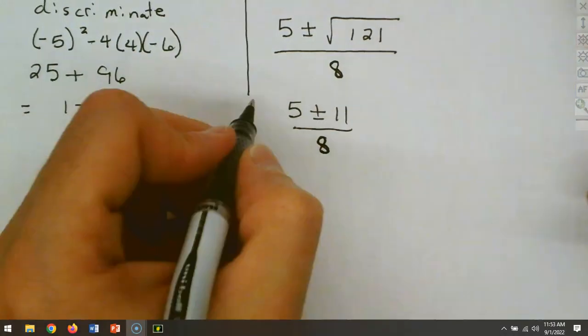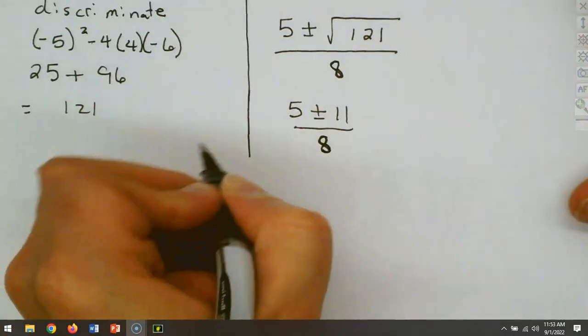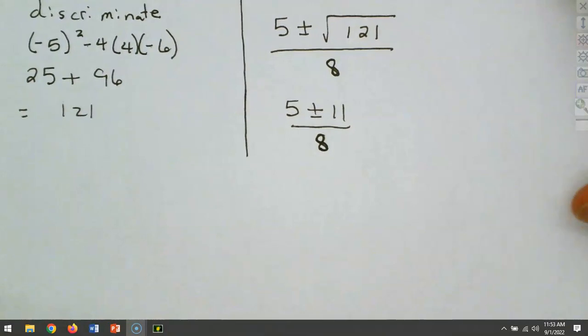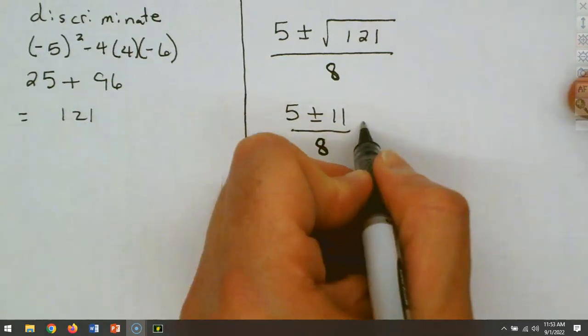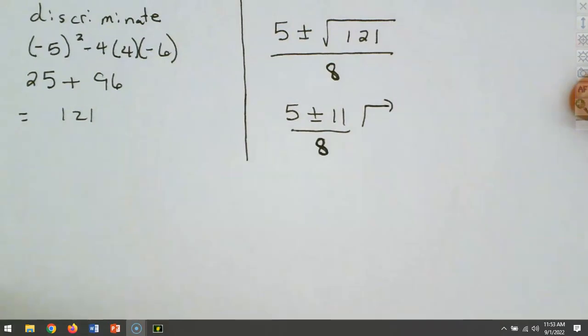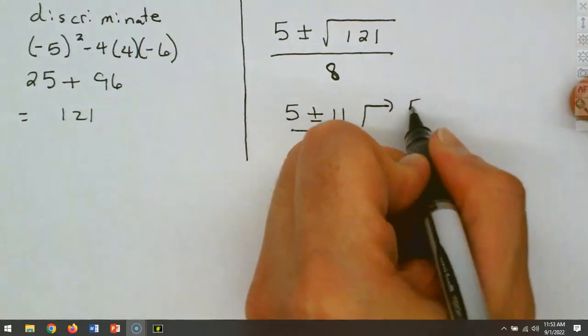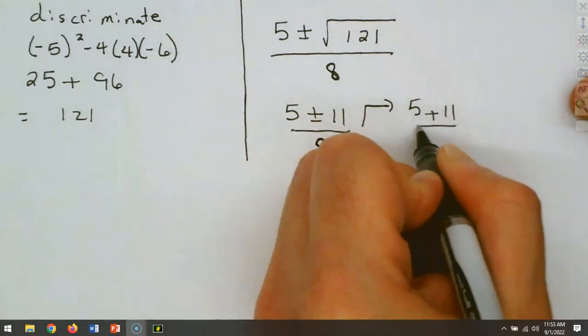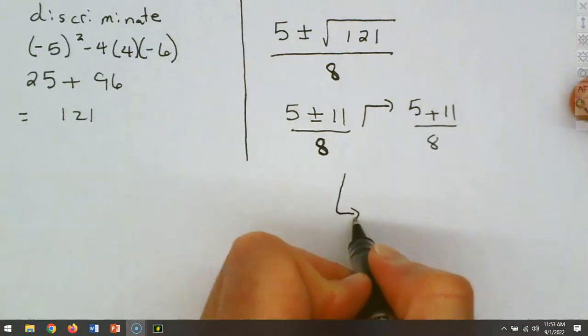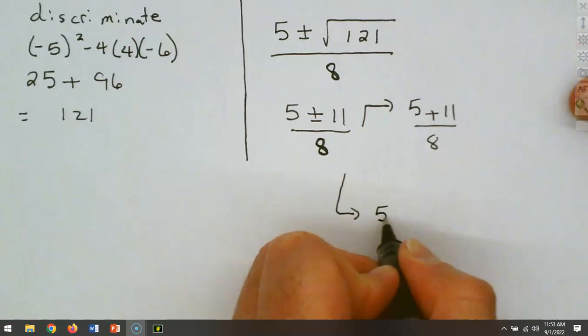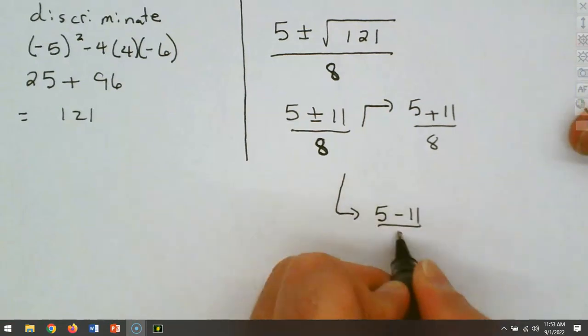And now, since it's a perfect square of 11, we need to actually get our two numbers because the square root went away. So we need to get our two solutions now because they're rational numbers. And what do we have? We have 5 plus 11 over 8 as one solution, and the other one is 5 minus 11 over 8.